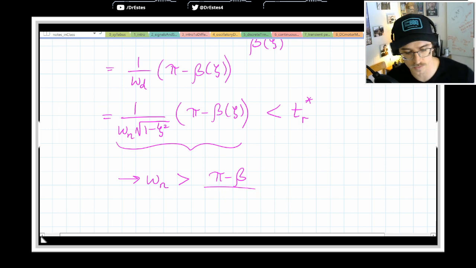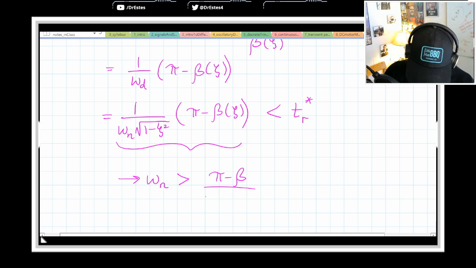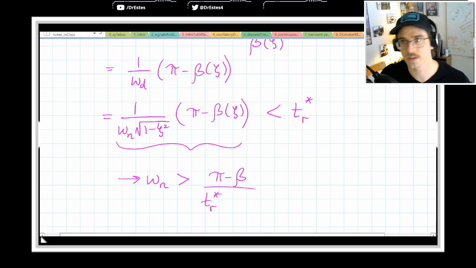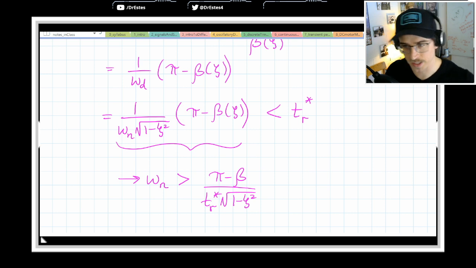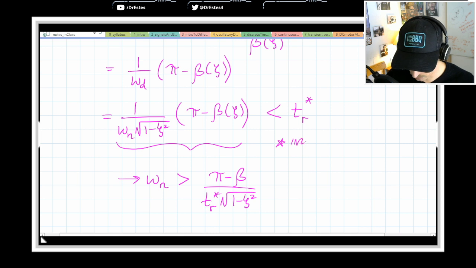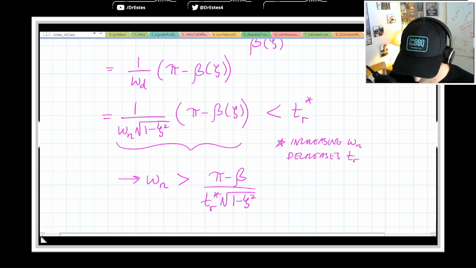Beta is a function of zeta, but we'll just say pi minus beta divided by the desired rise time times square root of 1 minus zeta squared. So like the first intuitive thing here is if you want your rise time to be less than something, that means your natural frequency needs to be greater than something. So increasing your natural frequency of your system decreases your rise time. So maybe we'll put that. Increasing your natural frequency decreases your system rise time.